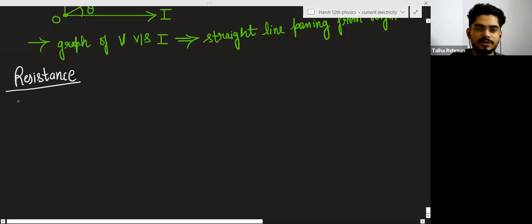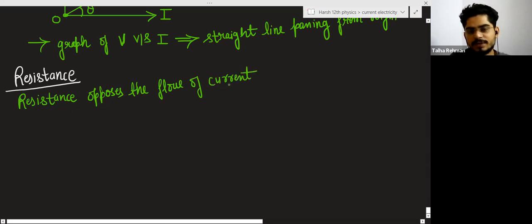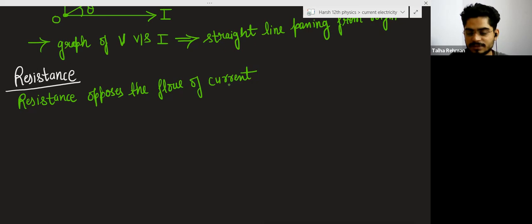In simple words, resistance tries to reduce the flow of current, opposes the flow of current. And why did this resistance come into existence? Because of collision of electrons with ions. Yes, sir. We have discussed.